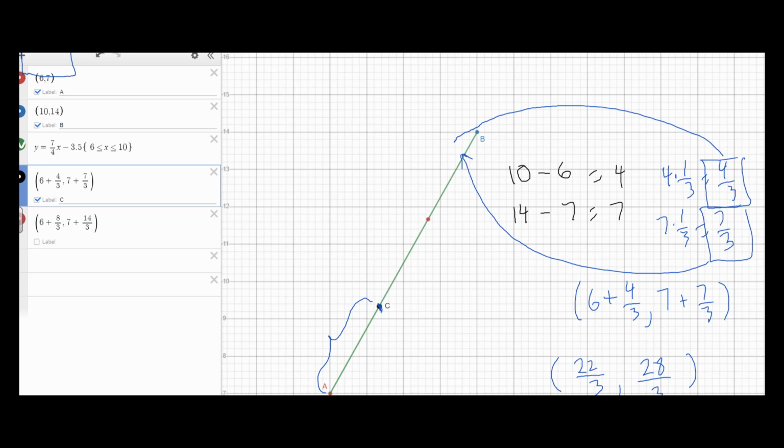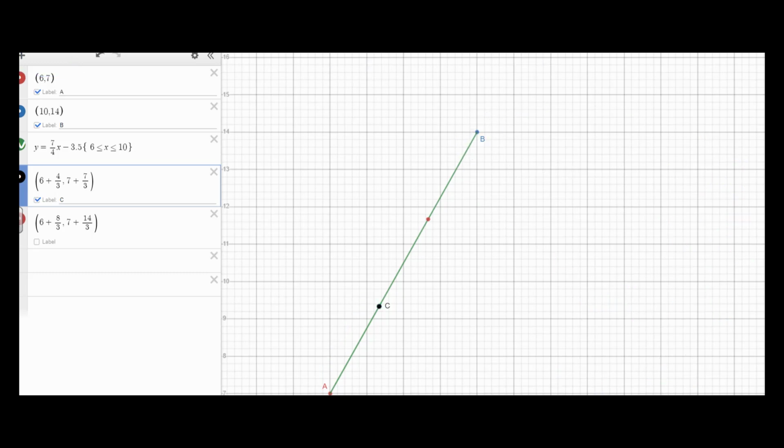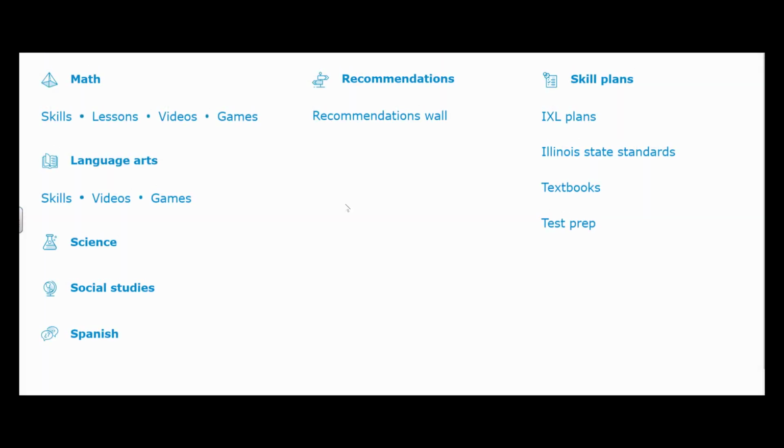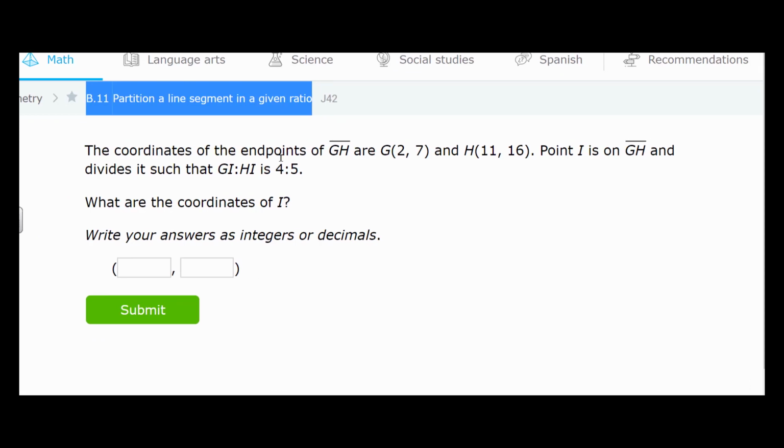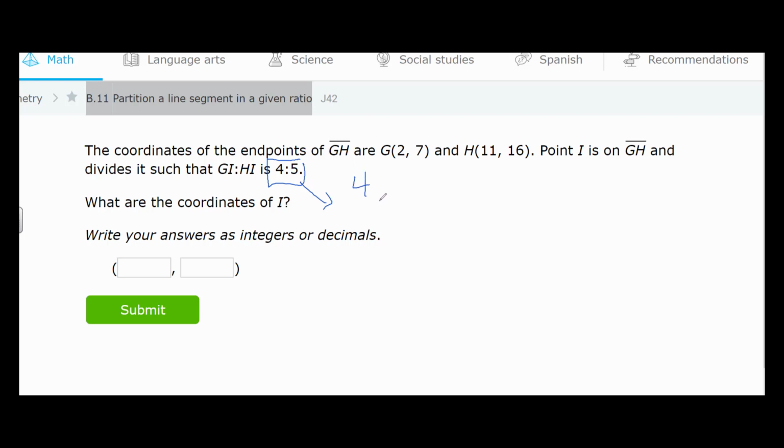Okay, let's try a similar problem. The same type of problem, it just will show up differently. They give us 2 coordinates. This time, instead of saying a fraction, they give the ratio as odds. The thing you want to remember about a ratio written like this is if I say 4 to 5, as a fraction, I can represent this as 4 parts to 9 parts.